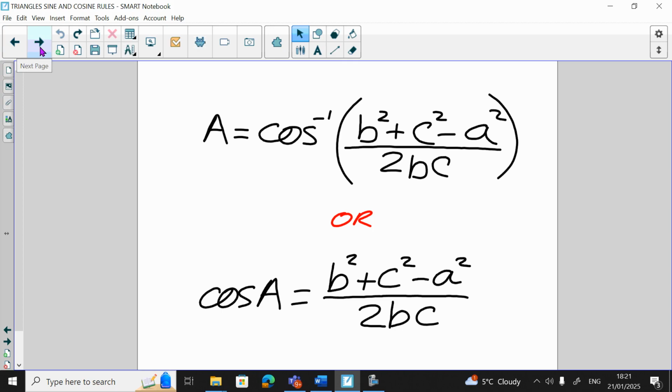Nobody has explained that to me. Right, regardless of which one you use, you're going to get the same result as long as you take the inverse cosine to take it to that step there.